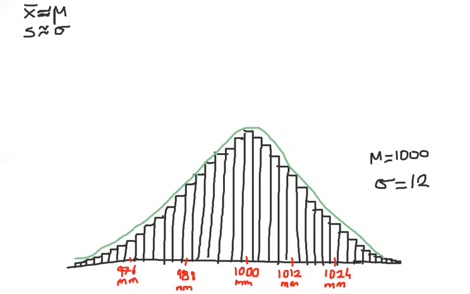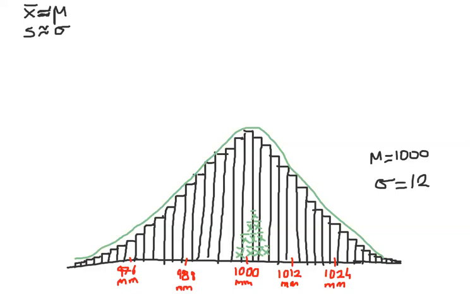So it's somewhere here. We picked another one, and it came up as 999, 1001, 1002, and then another one, 999.5, 1000.5. We continue picking these samples.